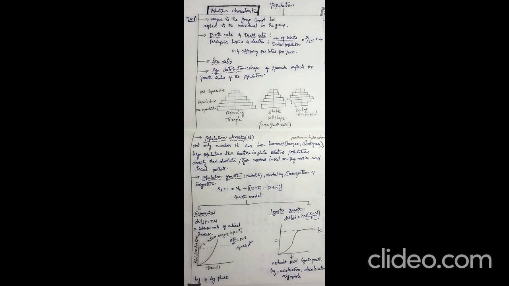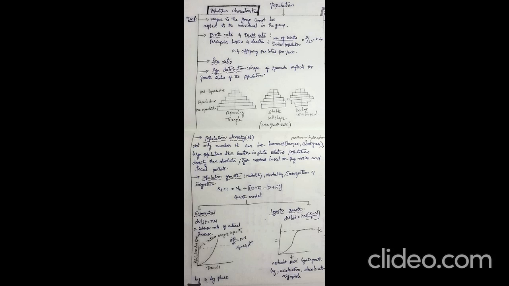Next comes the age distribution. Again, this is very important. As per the board and also NEET, the age distribution pyramids are very, very important. Here you have only three types of pyramids: expanding, stable and declining. These three pyramids are named based on the pre-reproductive, reproductive and post-reproductive populations.